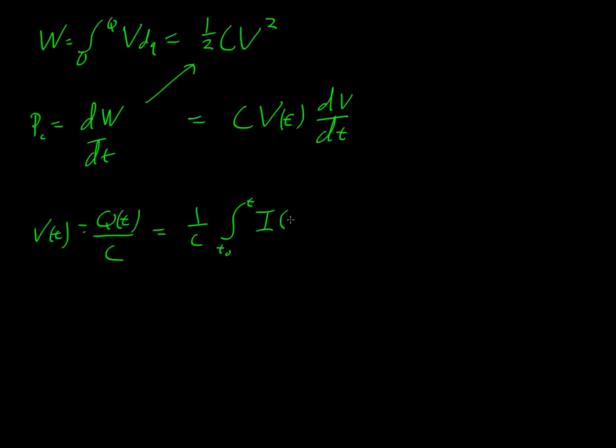of tau with respect to tau plus V at time 0. Okay, so what is tau? All right, well, tau is what's called the time constant of this circuit.